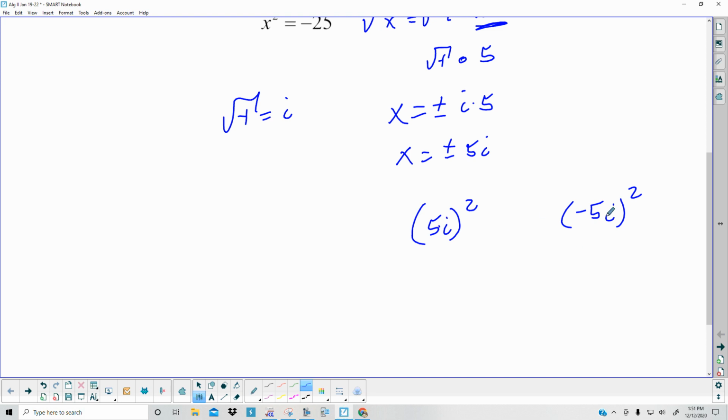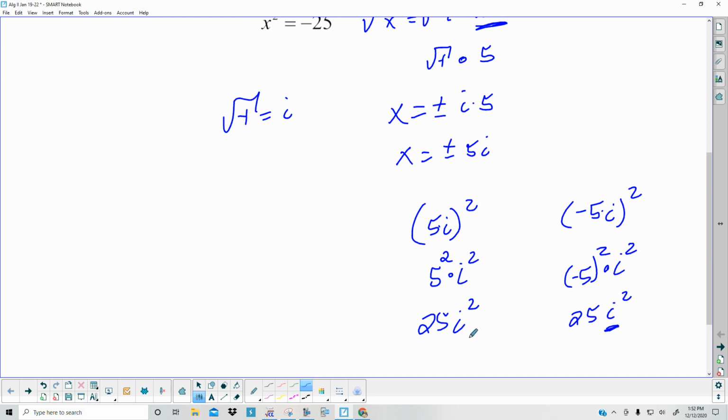When you have a product and you're squaring it, you can just distribute that to both of them. So you got 5 squared times i squared, and this would be negative 5 squared times i squared. Okay? So that's 25i squared, and negative 5 in parentheses squared is also 25, and you have i squared.